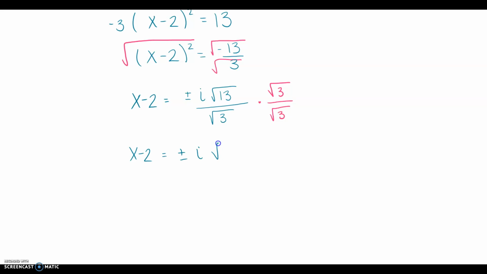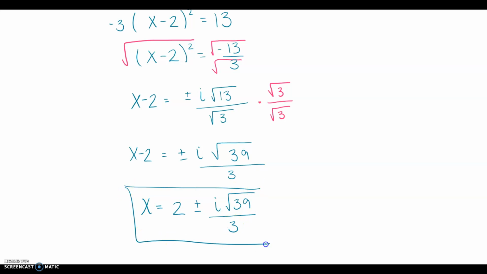And we get 13 times 3, which is going to be 39. And then the square root of 3 times the square root of 3 will be the square root of 9, which is just 3. And finally, I just need to move over that 2. So it's going to be 2 plus or minus i root 39 over 3. So a little bit more challenging because of the rationalizing of the denominator, but altogether not too bad.